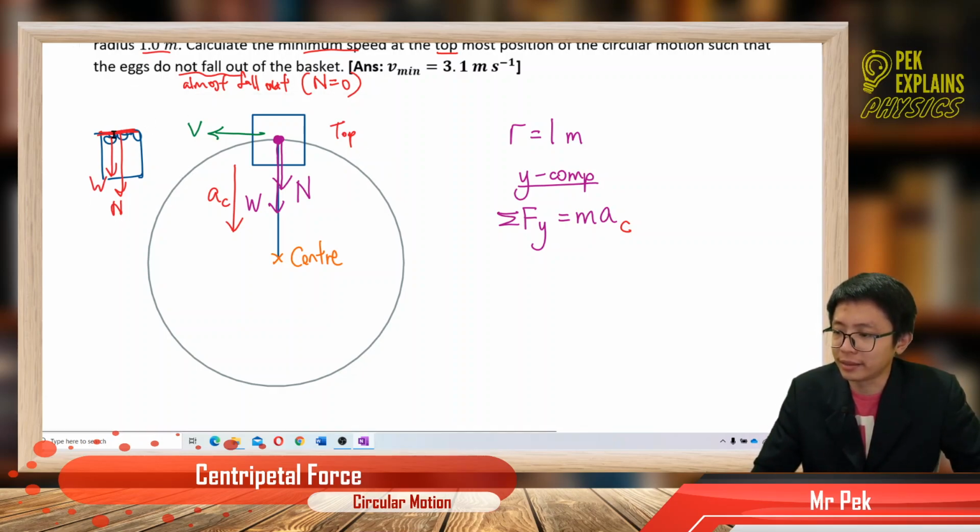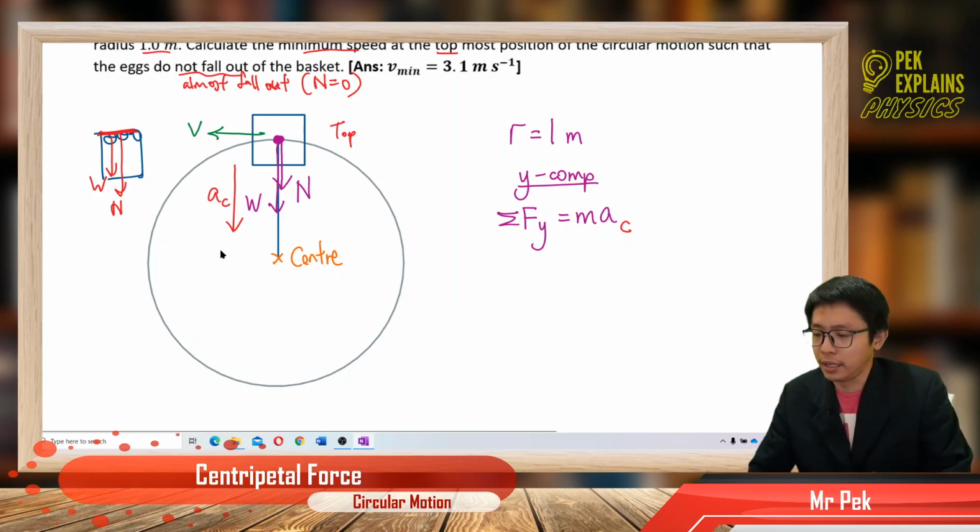The egg is attached to the basket at the bottom, so the bottom of the basket gives the normal force, and the egg has its own weight downward also. Our centripetal acceleration is downward because the center of the circle is below the basket, and centripetal acceleration is towards the center.